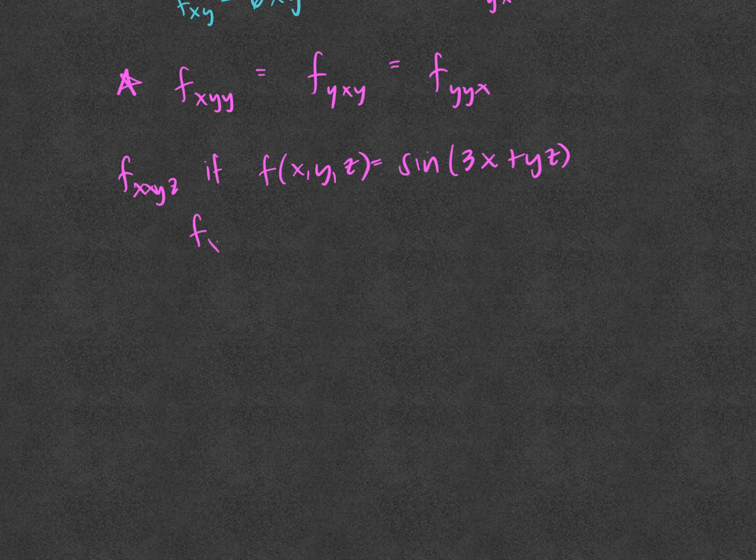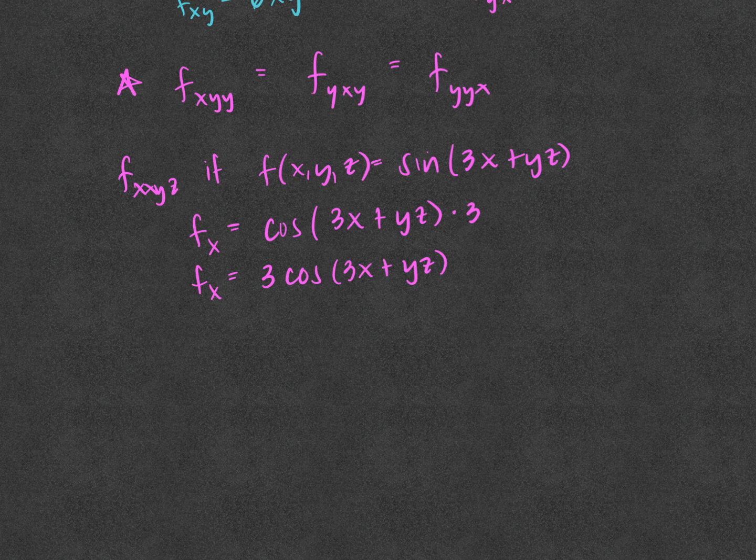So we're going to start with the first derivative with respect to x. The derivative of sine of something is cosine of the same thing, 3x plus yz. And then the derivative with respect to x here is just a 3. So our first derivative here with respect to x is 3 cosine of 3x plus yz.